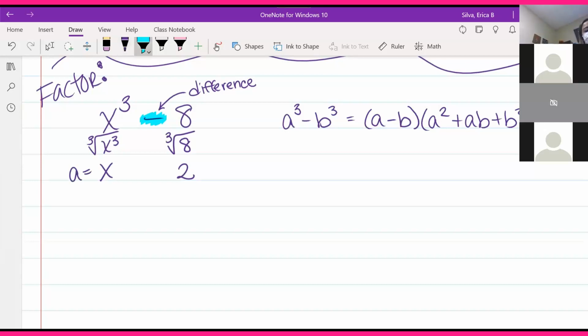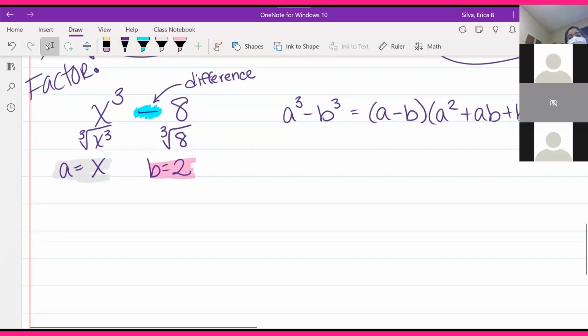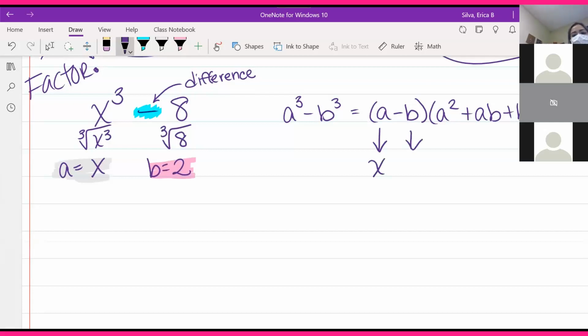This is your a, and this is your b. All we do is substitute. Your a is x, minus your b, which is 2.